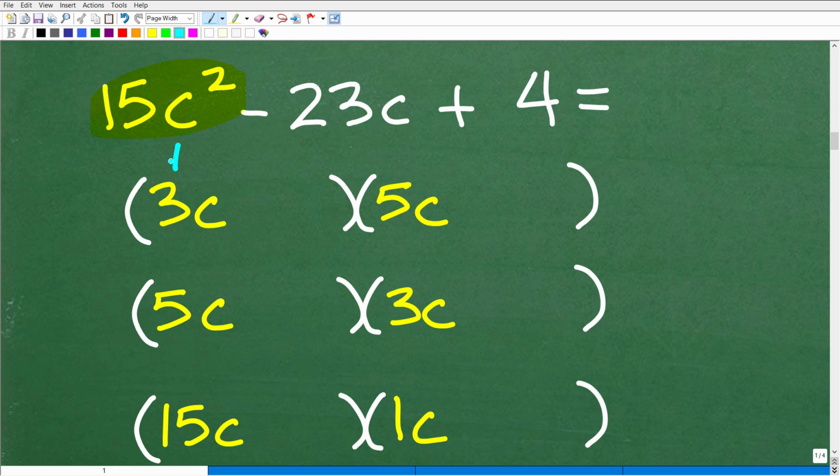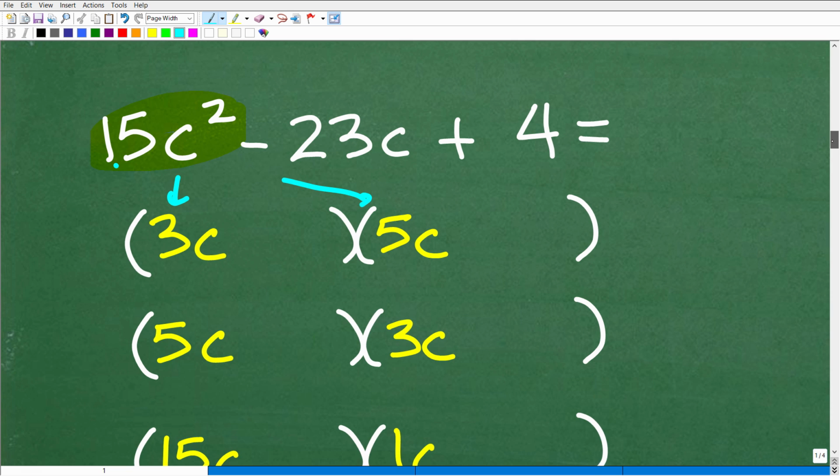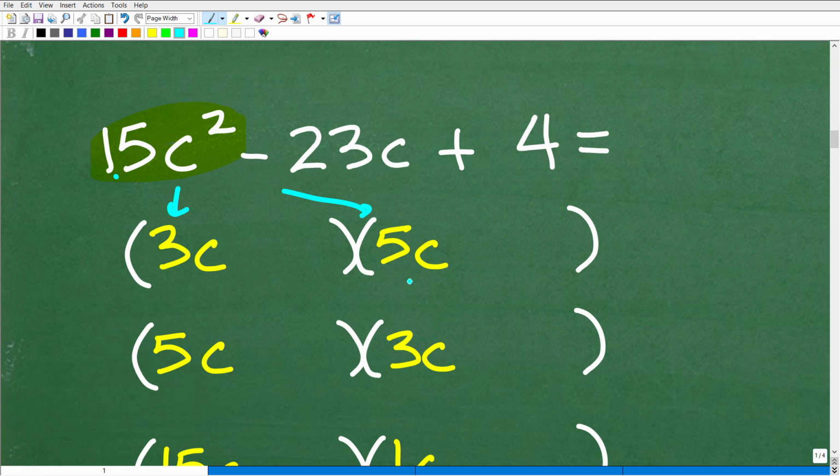They're going to go in these positions right here. So 15c squared, I'm thinking, oh, that could be 3c and 5c, because those multiplied together gets me back to 15c squared, or it could be a 5c and a 3c in this position, or it could be a 15c and 1c here, or 1c here and a 15c there.